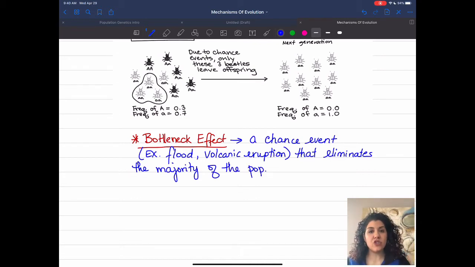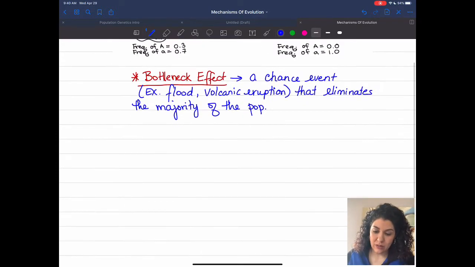And therefore, the next generation of individuals is just going to be made up of the survivor's DNA, the survivor's genes, the survivor's traits. Okay?